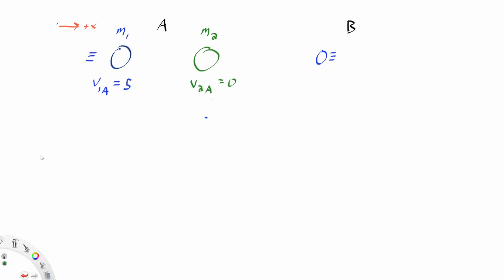After the collision, both marbles are moving away from each other. Right, and the first marble is moving to the left with a speed of -2.